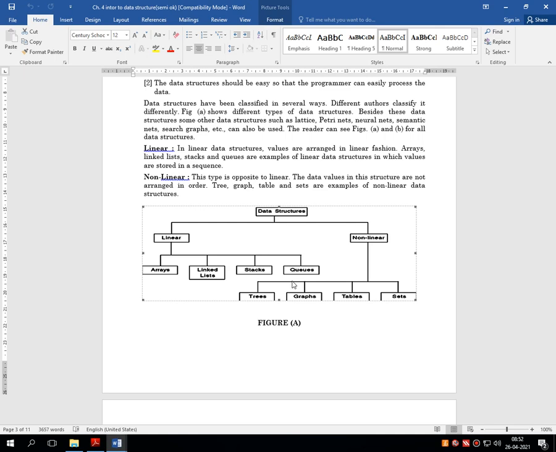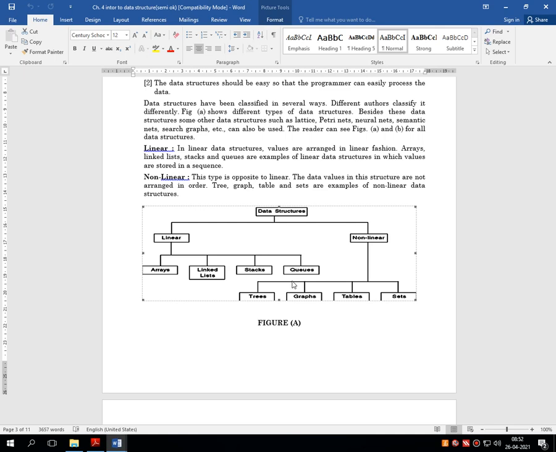That's why the name of the subject is data structure. So in linear data structure, data is arranged in a linear format, in terms of array, linked list, stack and queue.